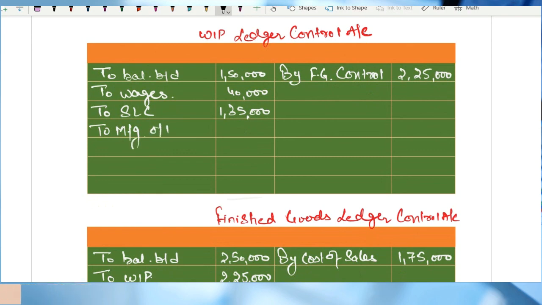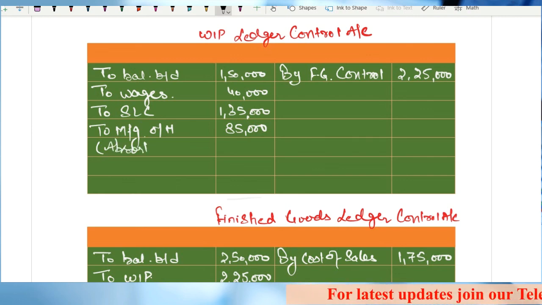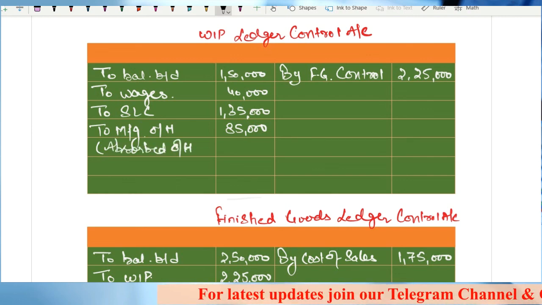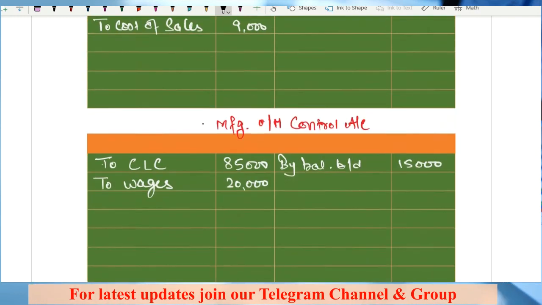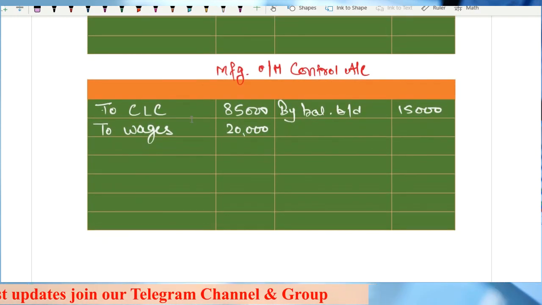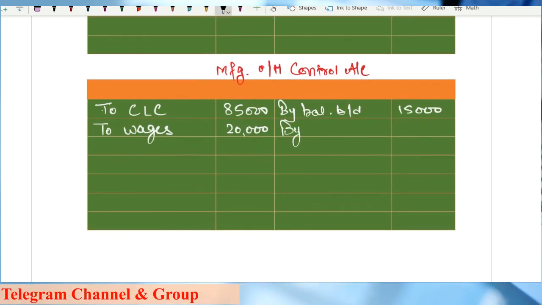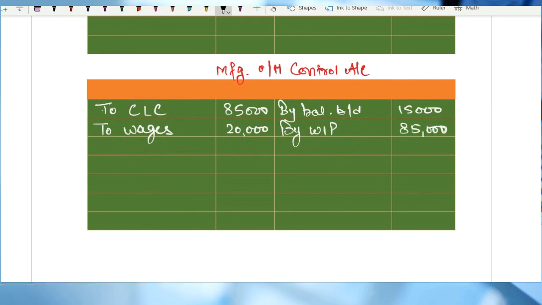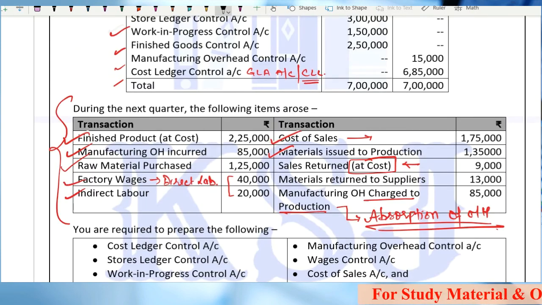This is my absorbed overhead, sir. Right? And in the overheads account, I will have by WIP account, that is 85,000. Clear?